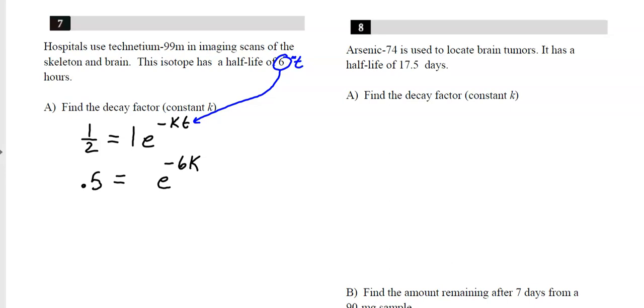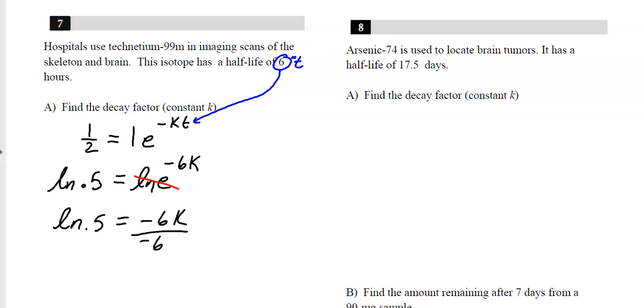Every equation you're going to solve kind of looks like this. Then you have to find the natural log of both sides, which is really nice because the natural log and the e cancel out. So now I just have the natural log of 0.5 equals negative 6k.